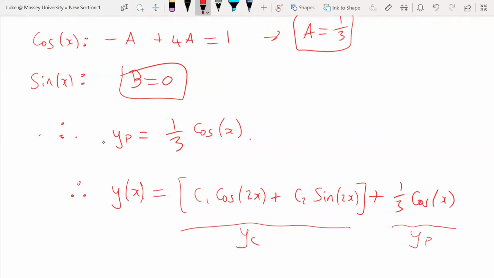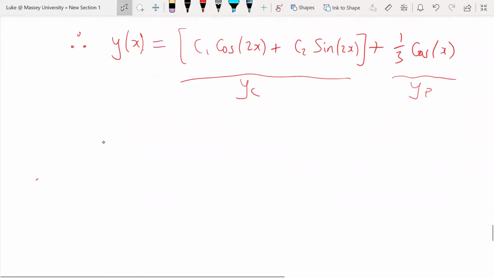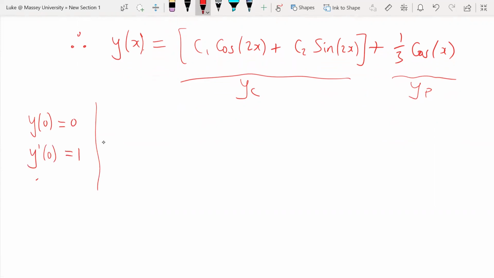So we have the general solution right here, but recall that we actually had some initial conditions too. Those were y of 0 equals 0, and y prime of 0 equals 1.